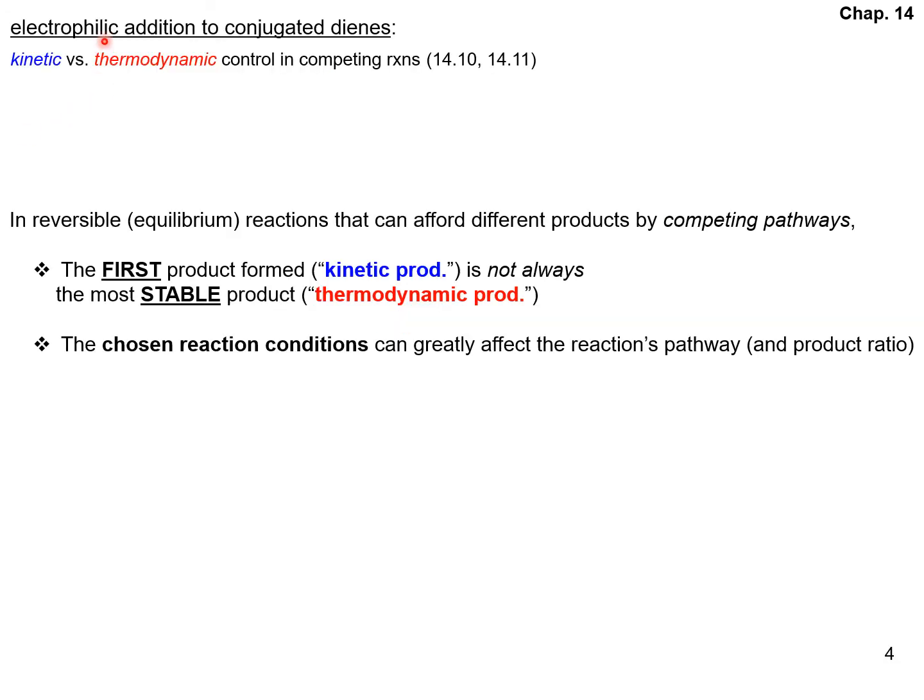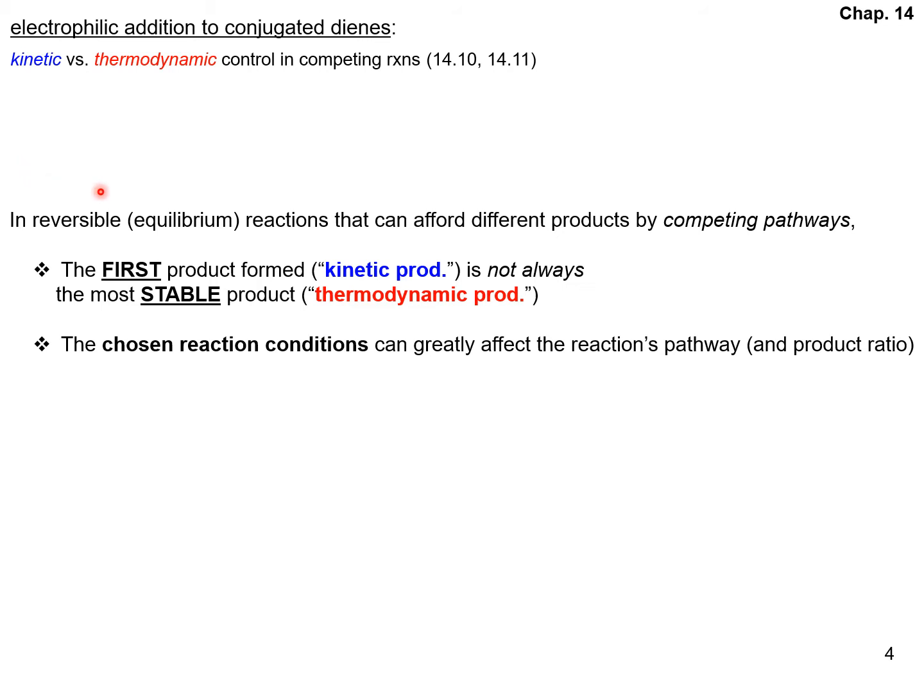Let's turn to some chemistry of conjugated systems. You might think that in all chemical reactions, the most stable product, the product that's lowest in energy, would always be the major product, but that's not always the case.